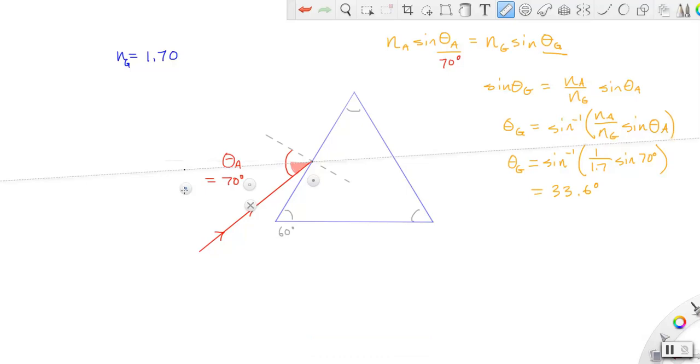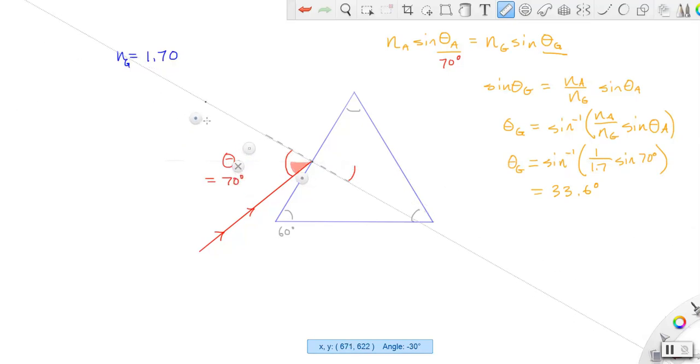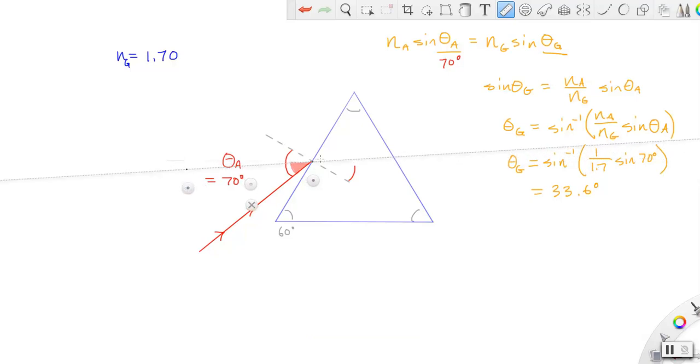But how much? So we're interested in, as a matter of fact, this angle, right? So we need to know how far that's going to go. It's going to go 33.6 degrees. So we're going to go 30 degrees and then an extra 3 degrees, 0.6, which I don't have a 0.6, but I'll do 4 degrees, which means it's going to go this way.